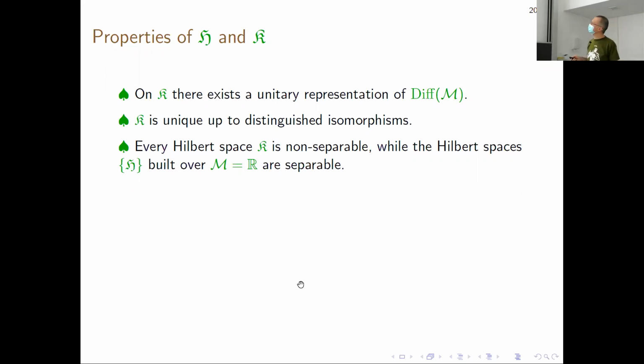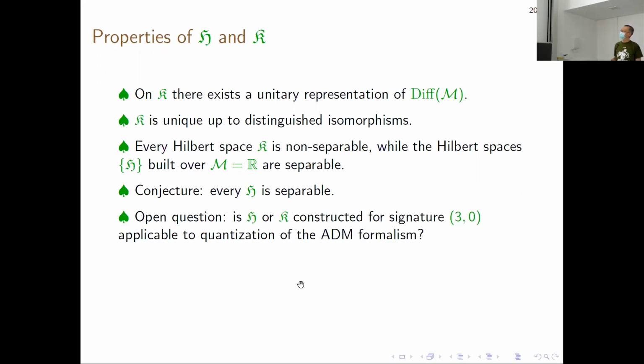So I suppose that every Hilbert space H is separable, but so far I didn't manage to prove it in a strict way. And of course, there is this very important open question: is H or K obtained for signature 3, 0 applicable to canonical quantization of the IDM formalism? So far, unfortunately, I don't know the answer.